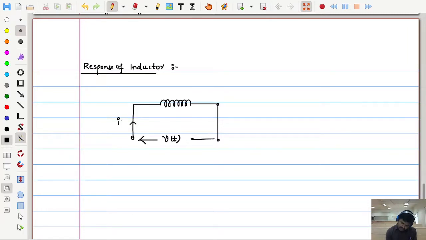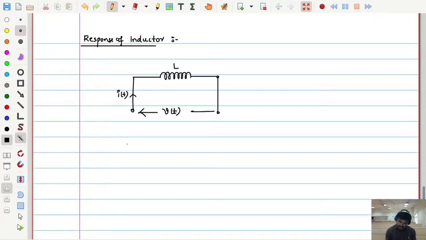As a result, it is circulating a current of I of t. If the inductance value is L, you can assume either voltage or current here. I am considering the current for easy simplification as Im sine omega t. Then the moment you consider the current in time function, quickly go to phasor representation as I at an angle of 0.